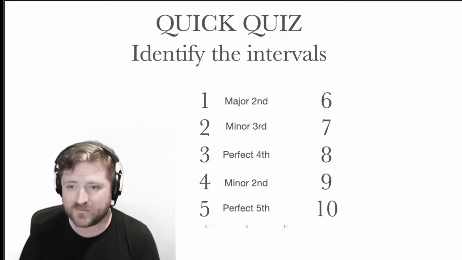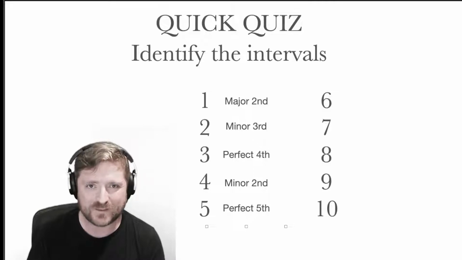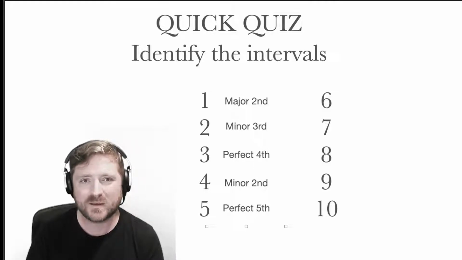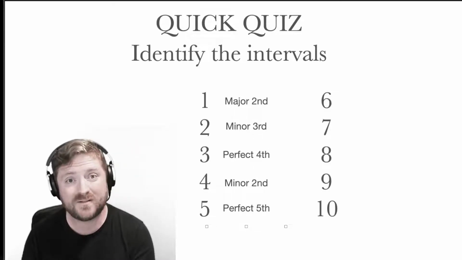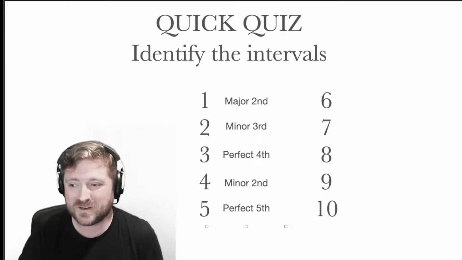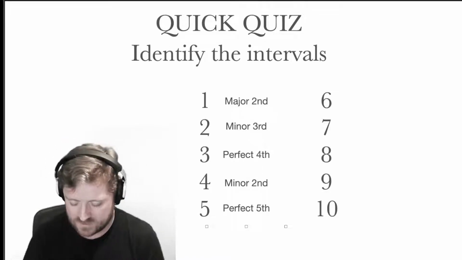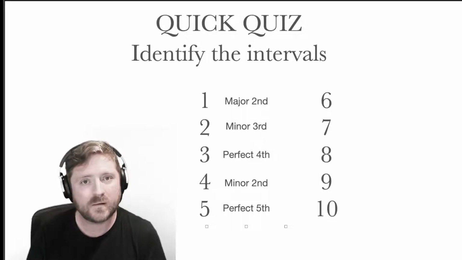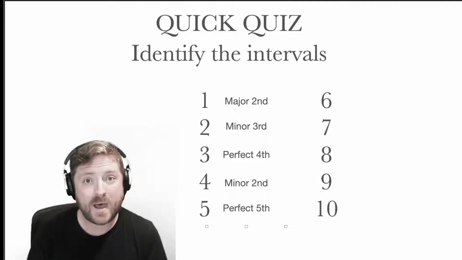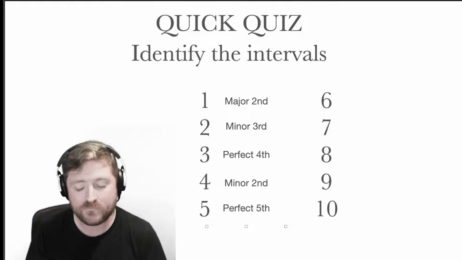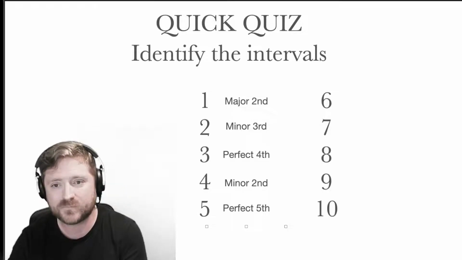Perfect fifth was number 5. Obviously, it was going to be a perfect fifth. Twinkle, twinkle. Fabulous. Number 6 was this. That is the 4th again. Number 7.